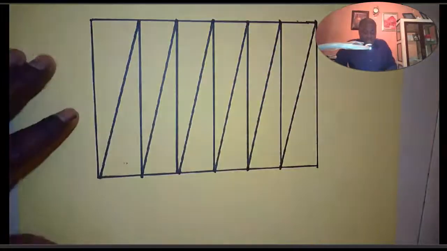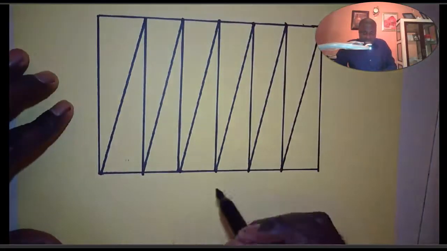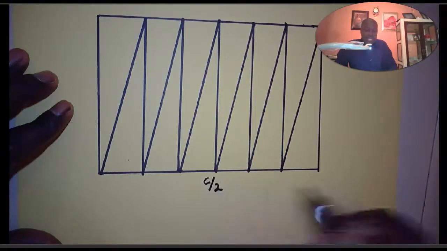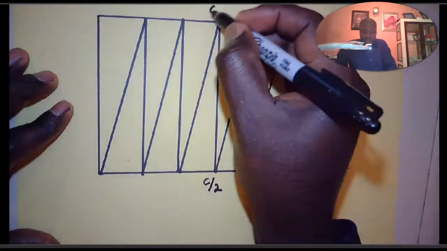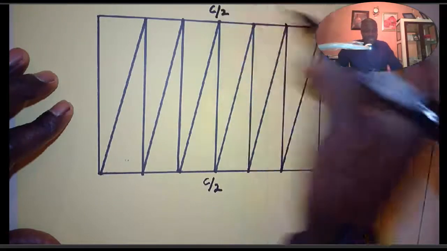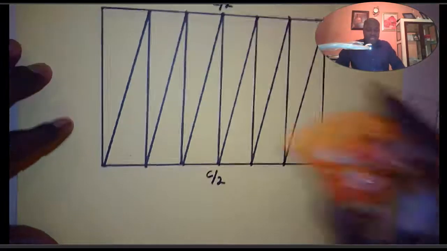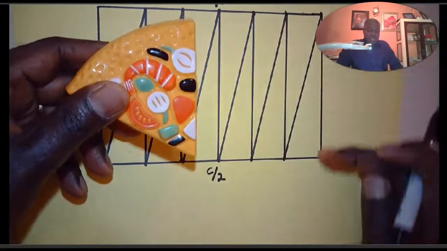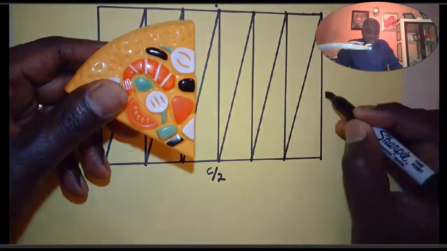So half of the circumference came on this side and half of it also came on this side. And this side here, which is making this width here, was the radius.